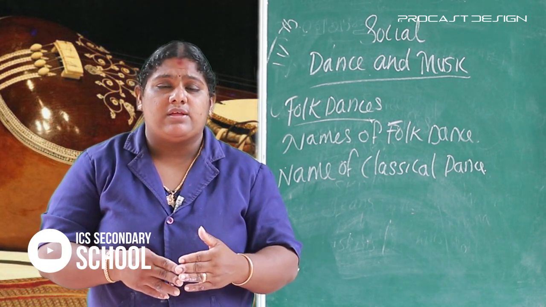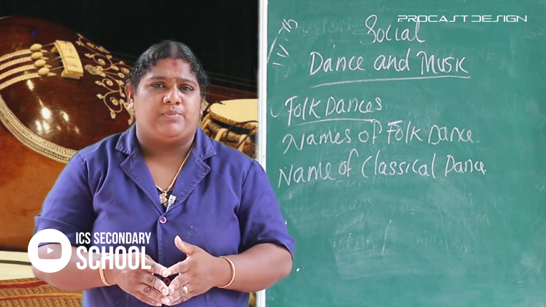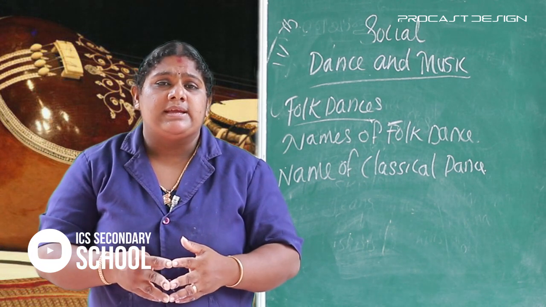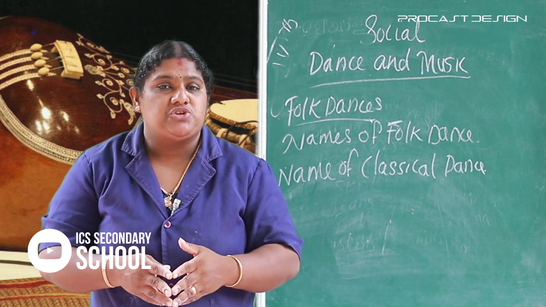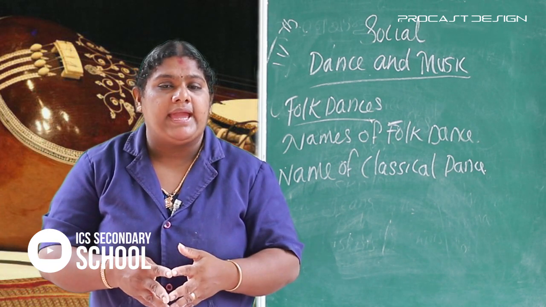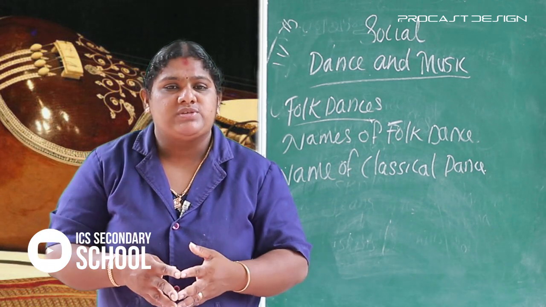Hindustani music developed in North India and Carnatic music developed in South India. Bhimsen Joshi and Kishore Amonkar, and M. Balamurali Krishna and M. S. Subbalakshmi were the famous singers in Carnatic music.